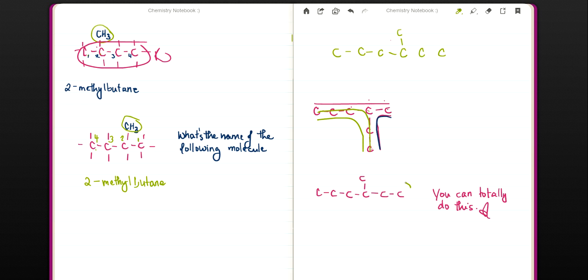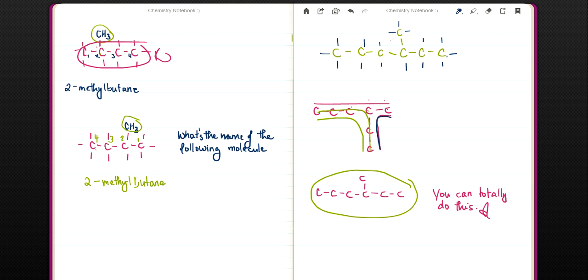You can do this, which is what I did down here, just so you can see. And because of that, now we could put in our hydrogens, right? And you would see 1, 2, 3, 4, 5, 6, 7, 8, 9, 10, 11, 12, 13, 14, 15, 16.